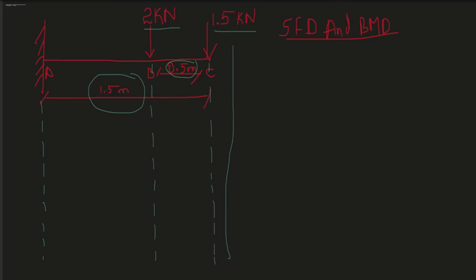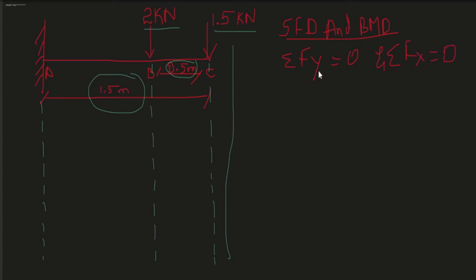Okay, now first we need to find the reaction at A. To find the reaction at A, we will use equilibrium, that is, the sum of forces acting along y is 0 and the sum of forces acting along x direction is 0.